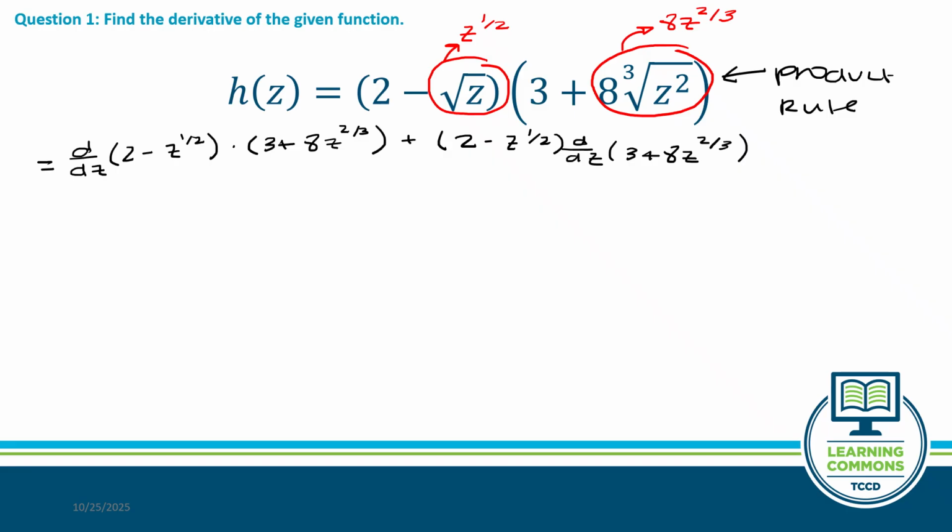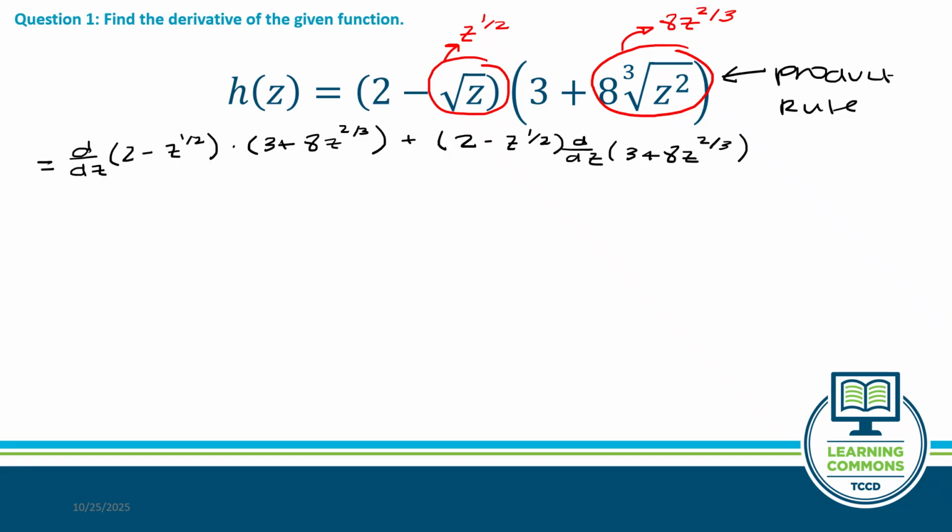Okay, all I did was set up my product rule, so derivative of f of x times g of x plus f of x times the derivative of g of x. And I'm just going to go through and derive.